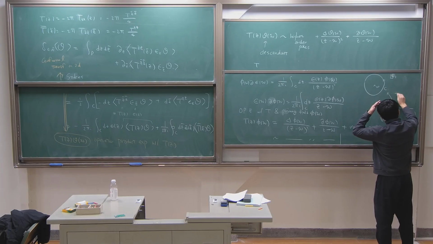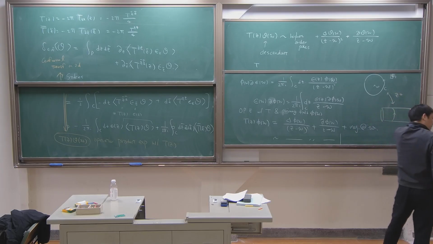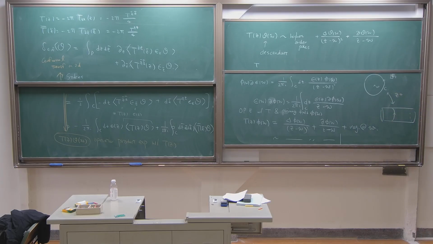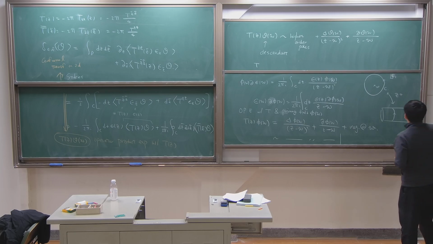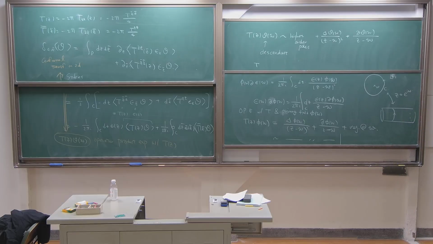So z and w are related to e to the i w. Is it correct? I think you use w.